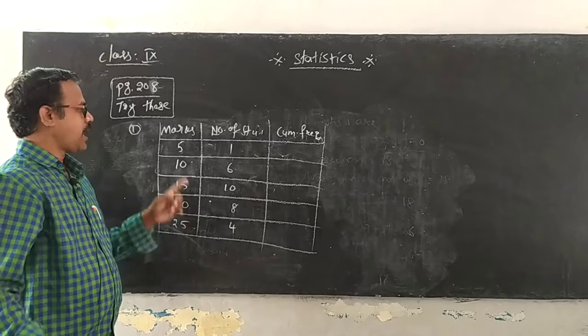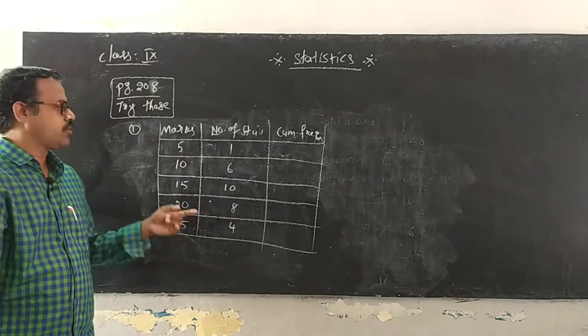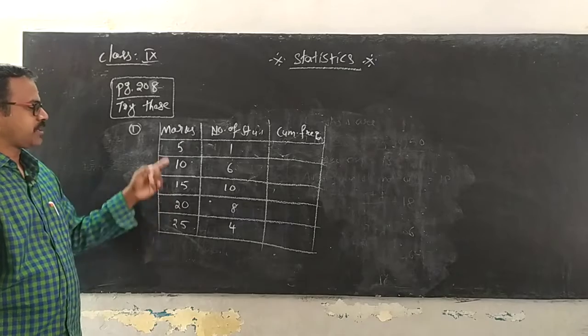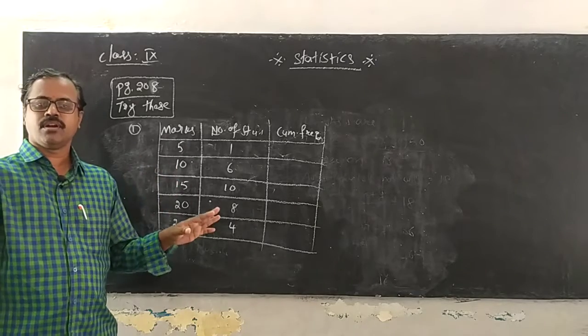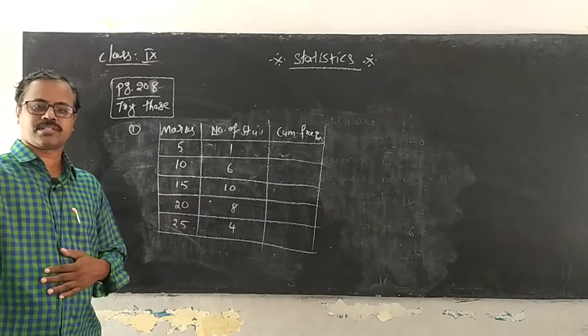In an ungrouped frequency distribution, you must arrange the given observations in ascending order without changing their frequencies. Their respective frequencies must be written in the same manner.